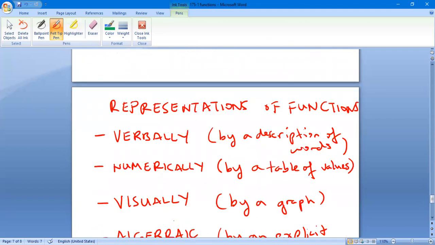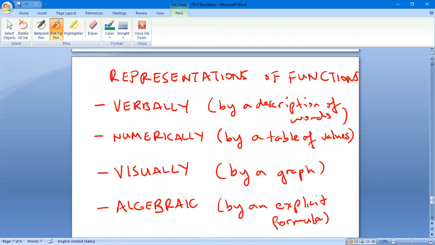Anyway, last part is, we can represent functions most commonly in 4 ways. There are verbal representations, which is a description in words. So the function can be described by a sentence or some set of words. It can be represented numerically, which means if the function is given by a table of values, then it's a numerical representation.